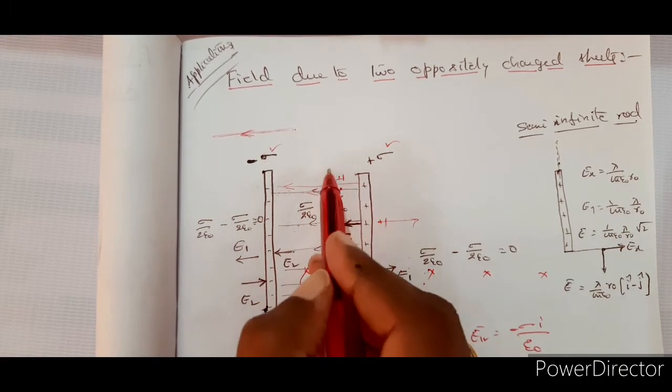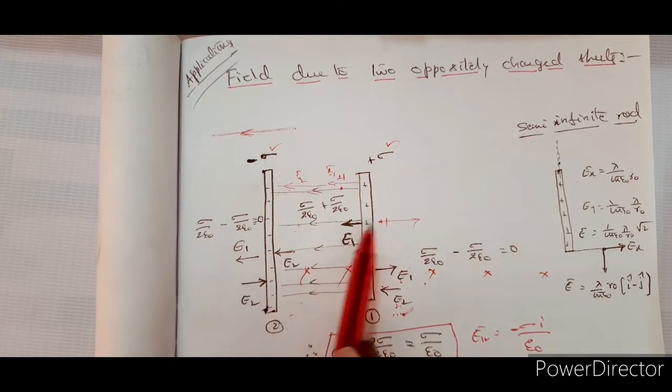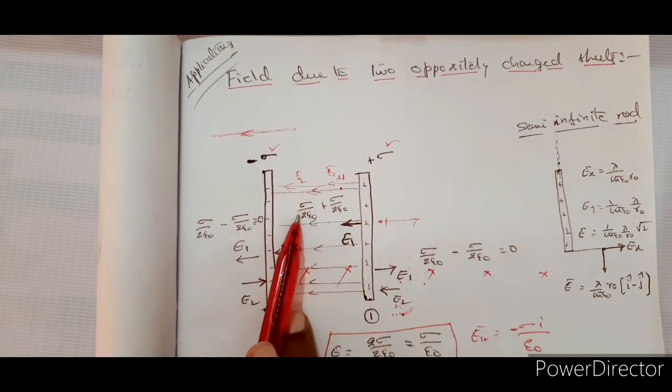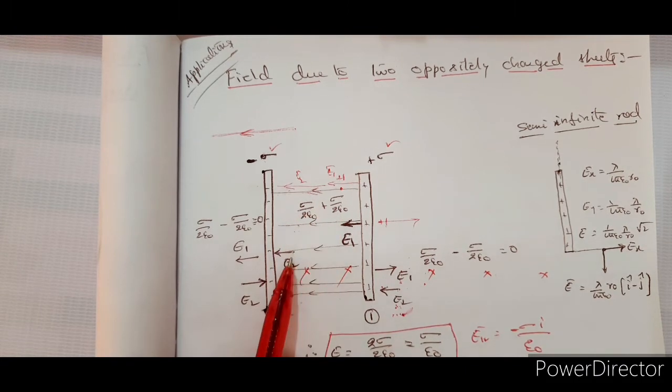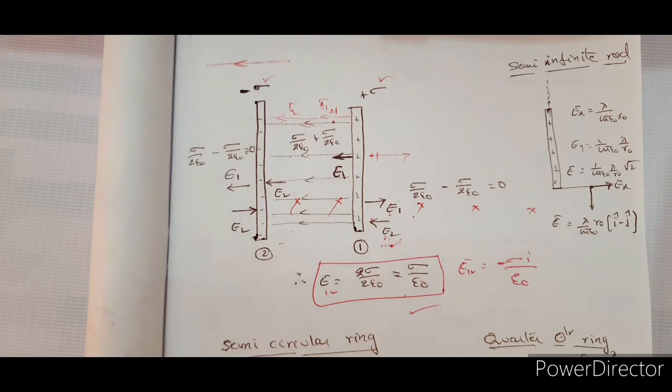So E1 and E2 are in the same direction and they will add up to sigma by epsilon naught. Therefore the electric field strength between two infinite plane sheets is sigma by epsilon naught.